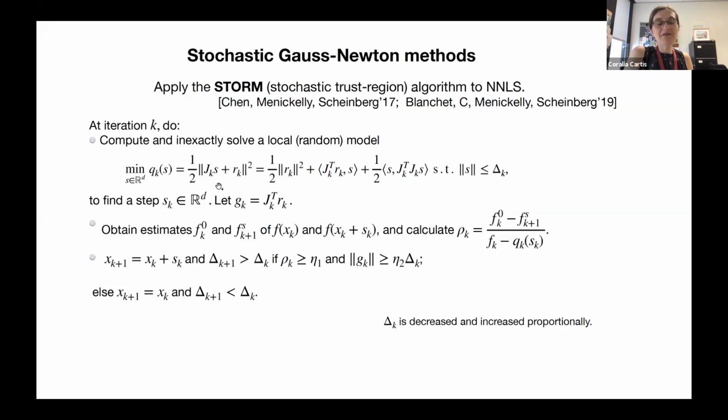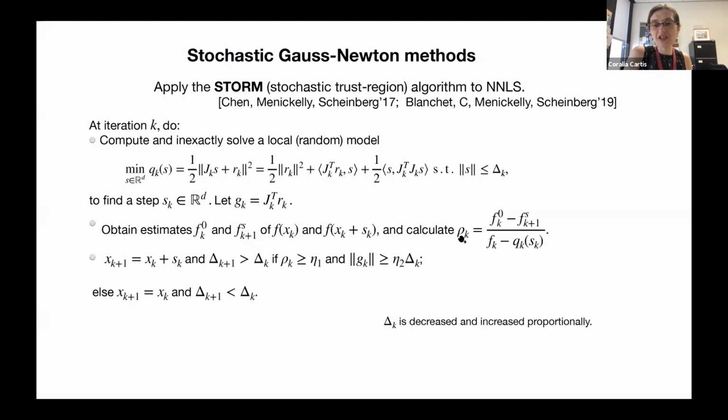So what we have is that for some approximate Jk and rk, we are going to solve this model, linear least squares, subject to the trust region. And gk is now this approximate gradient, okay? Then we are going to draw estimates of the nonlinear least squares function independently of the model that we had before and measure progress.